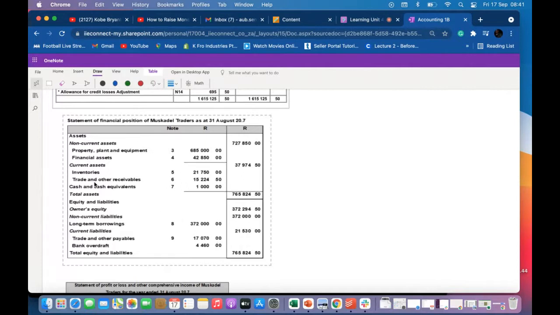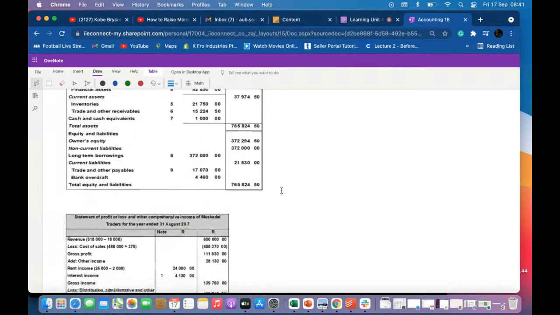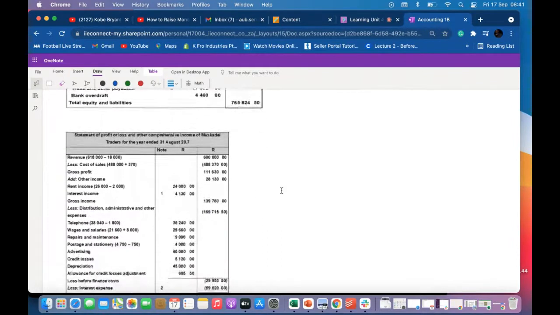Then also your trade and other receivables, and your trading inventory was changed. We also have prepaid expense, which is a current asset, so we need to throw that in there. The calculation will happen in the note, but that's just the grand total.